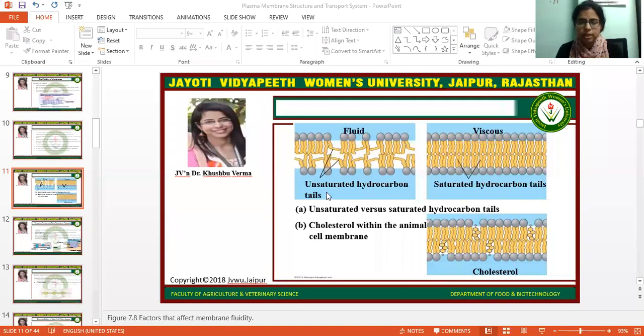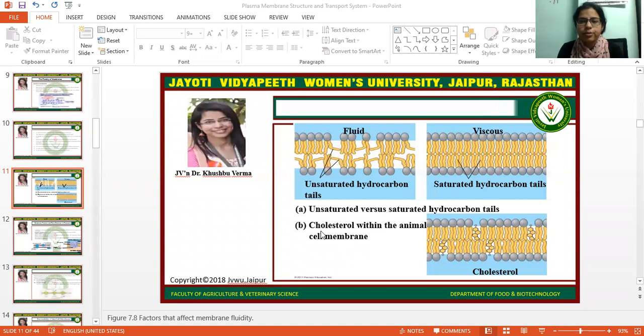In the first example, which has unsaturated fatty acid tails, the phospholipids have more unsaturation, so it creates more gap between two phospholipids, and that maintains the fluidity of the plasma membrane. On the other hand, if phospholipids have saturated hydrocarbon tails, they will interact more, so fluidity will be lesser and the plasma membrane will behave viscous.